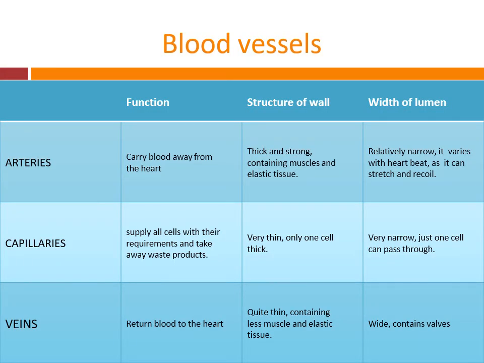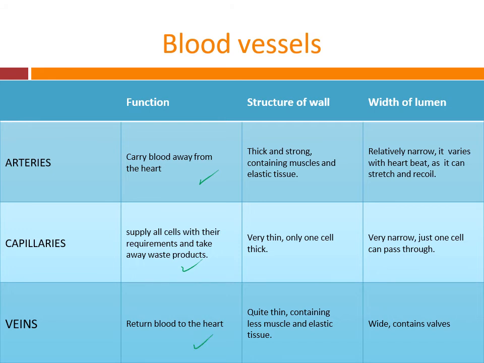Here is a comparison between arteries, capillaries and veins. The function of arteries is to carry blood away from the heart. Capillaries supply all cells with their requirements and take away waste products. Veins return blood to the heart.